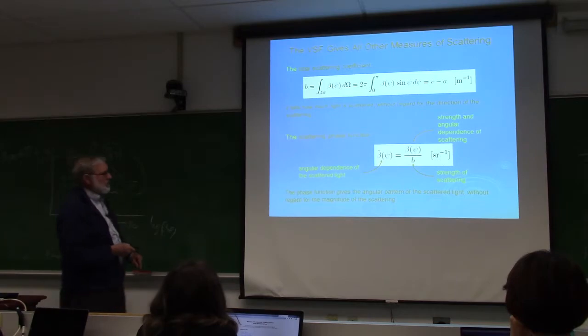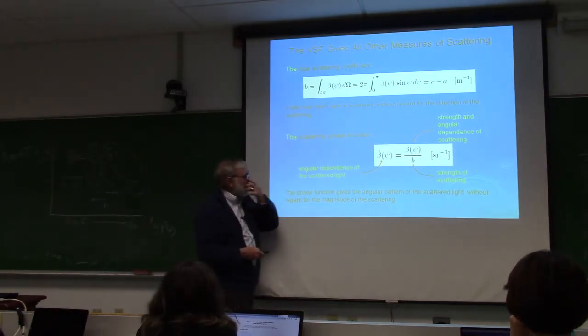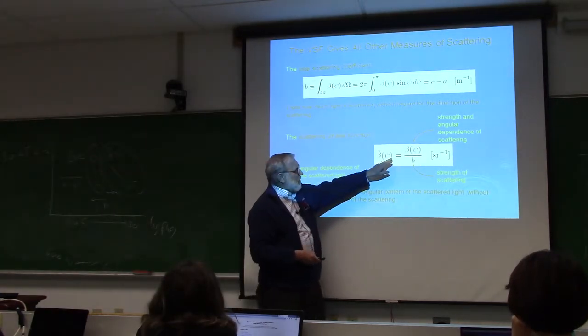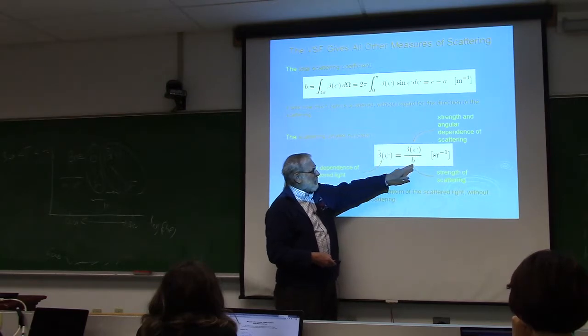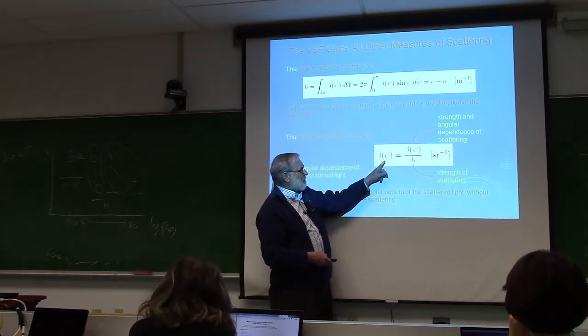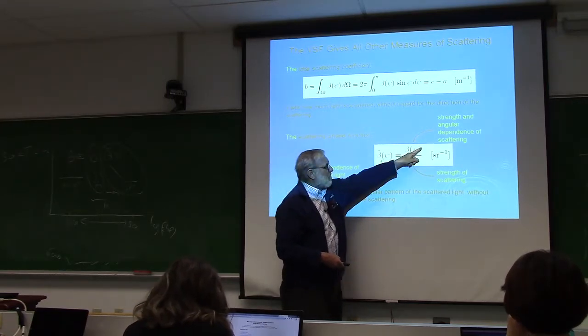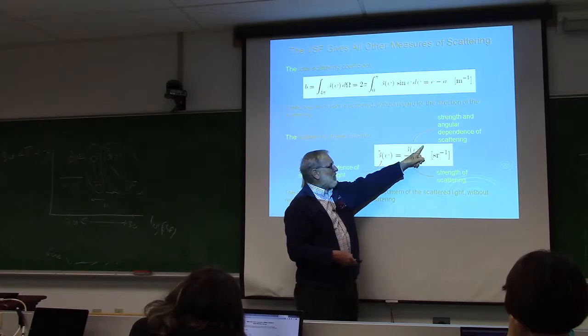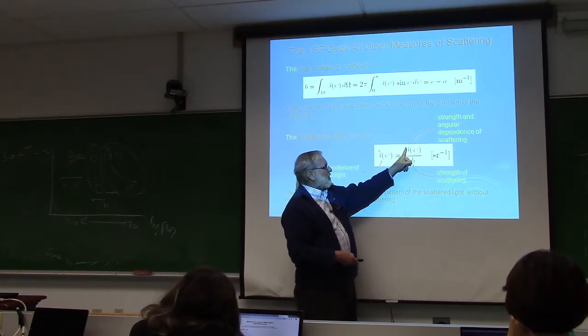Okay, and then as I just wrote here, we can define the phase function as being the VSF divided by the total scattering coefficient. So this guy now has units of steradian, and so this has the information on both the magnitude of the scattering, or the strength, whatever you want to call it, and the angular part.